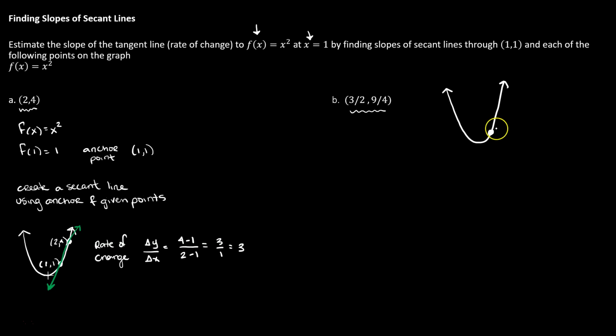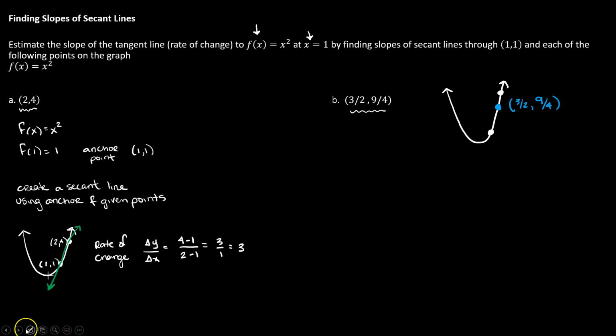That's actually a little bit closer than the old point, so let's say that the old point was here. Our new point, let's say it's like right here. That is the 3/2, whoops, 9/4. My 9 looks like a 4. Let's fix that. There we go.